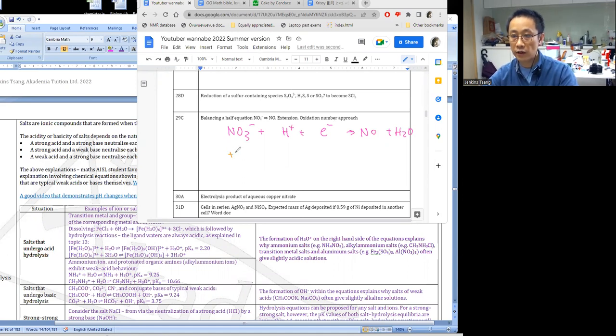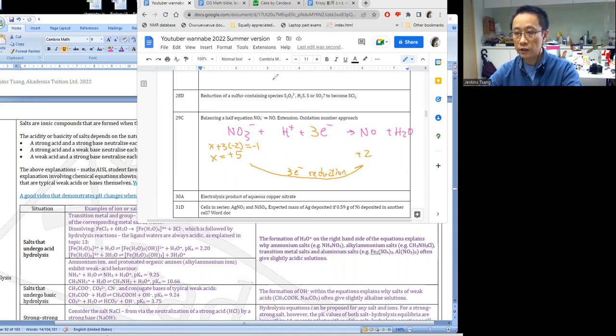The nitrogen here is +5, because you have X plus 3 times -2 equals -1, so X equals 5. And then in NO, oxygen is -2, famously, so nitrogen is +2. And then +5 becoming +2 is a 3 electron reduction. And that's what the question is going after.